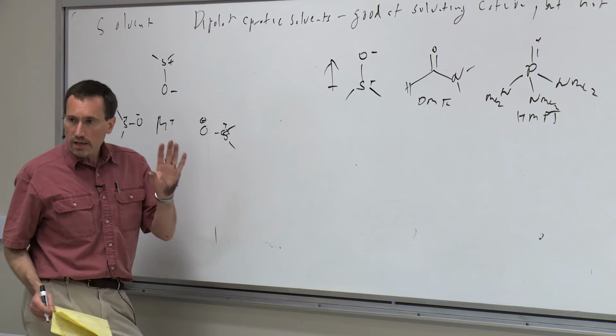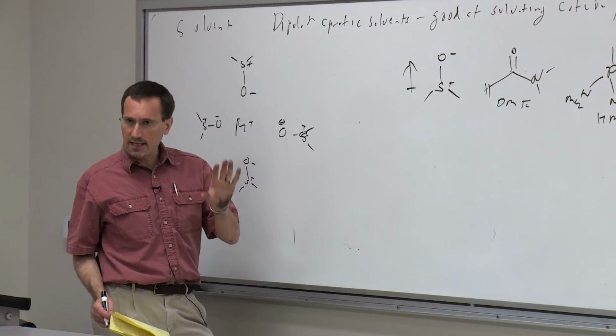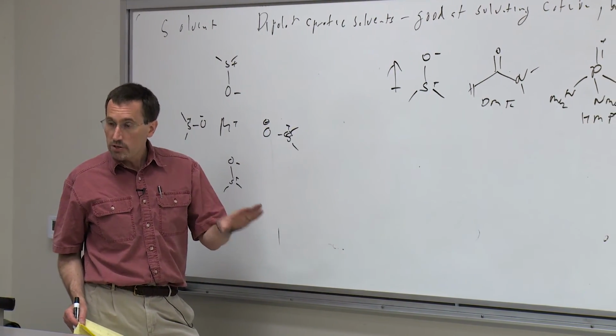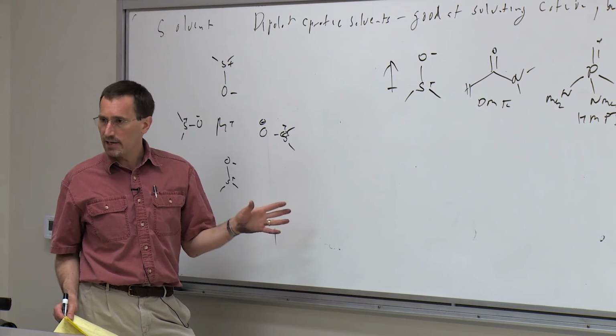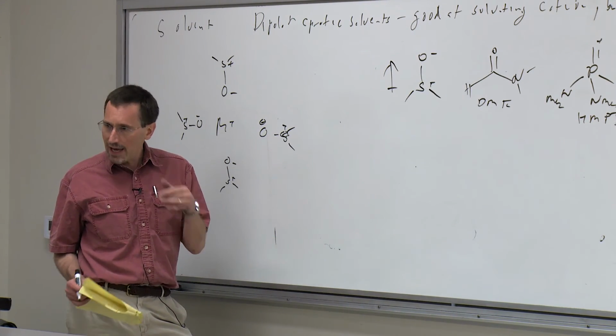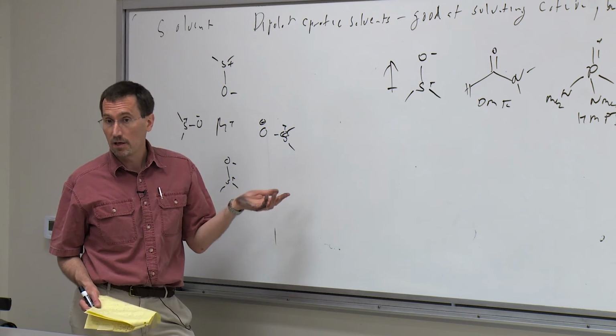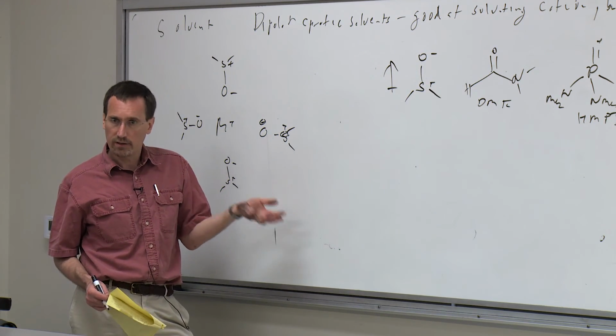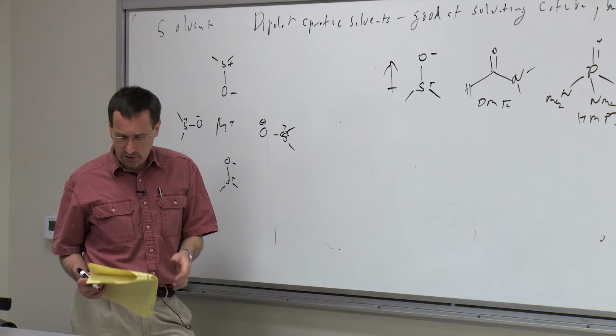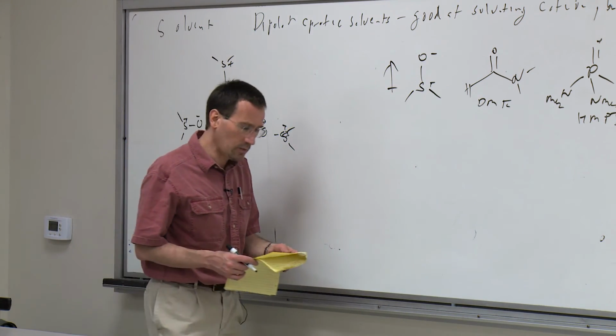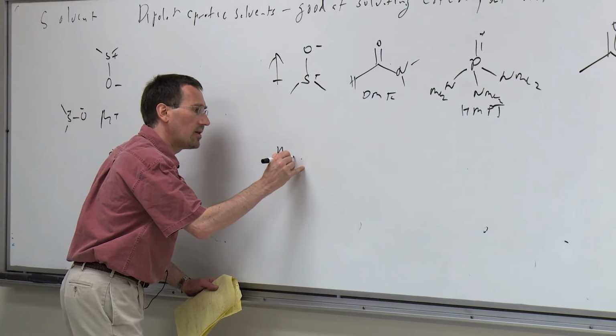Now, in general, if you're trying to dissolve a salt, you need to be able to stabilize the ions. You can't just say, all right, I'm going to dissolve a salt in benzene. Water's good at dissolving salts. Alcohols are pretty good at dissolving salts. We used ethanol as our example.